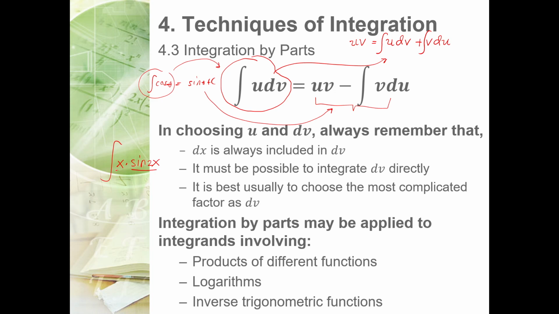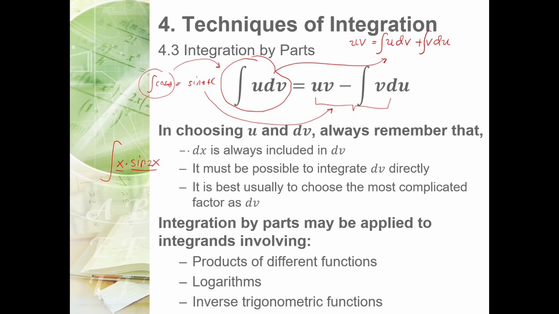Trigo against algebra. There's no other technique we can use except integration by parts. So if you have two different functions, you have to utilize integration by parts. It may be algebraic against exponential expressions, logarithmic against trigonometric functions, inverse functions against algebraic functions, and so on.